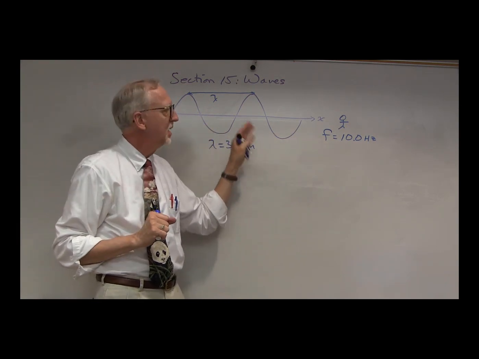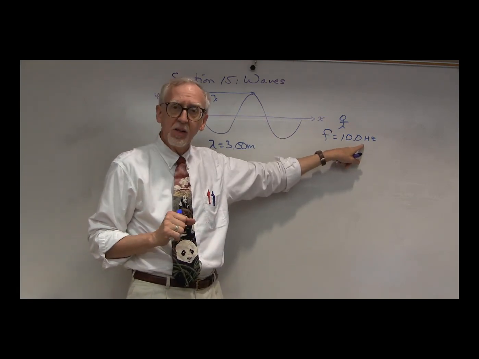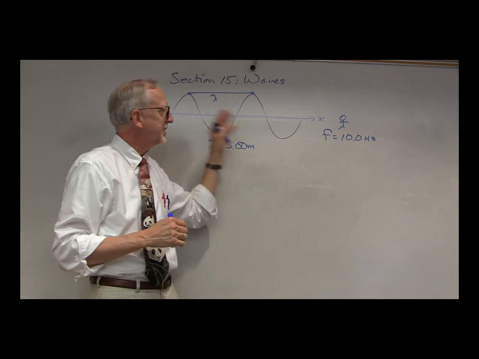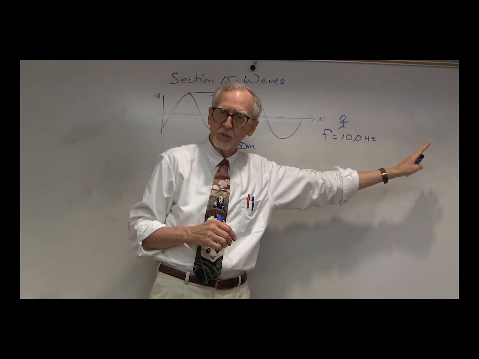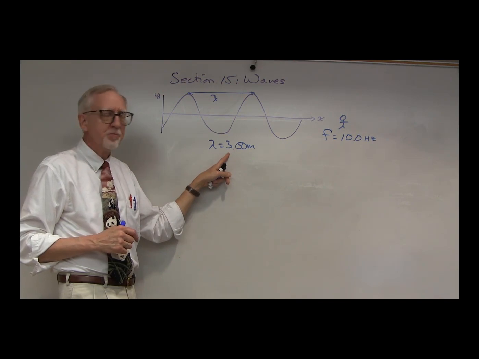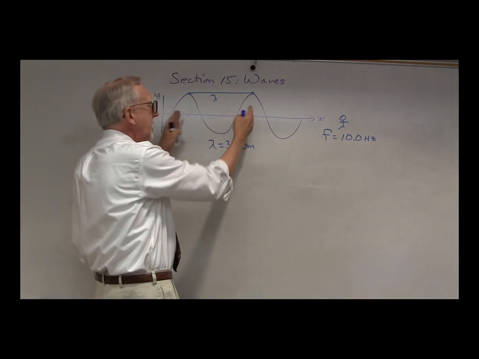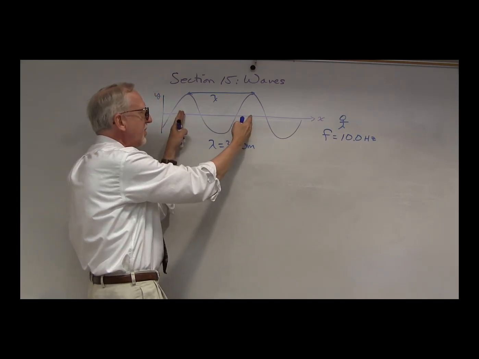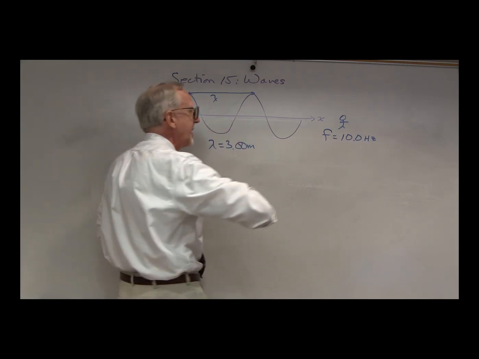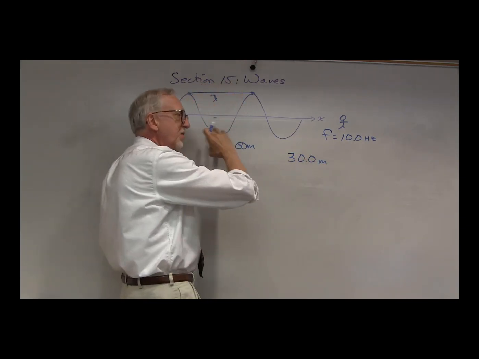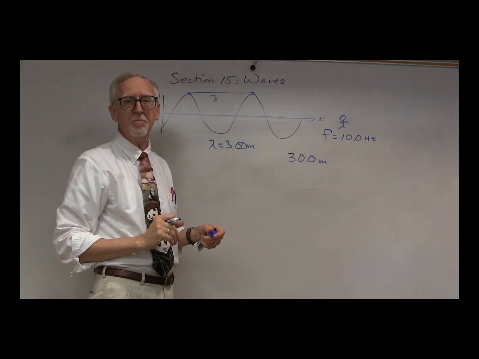In 1 second, 10 waves will have passed us with a frequency of 10 hertz, 10 waves per second. Each wave is 3 meters long. Well, 10 waves, each of 3 meters, means that 30 meters of wave will have passed by us in 1 second.